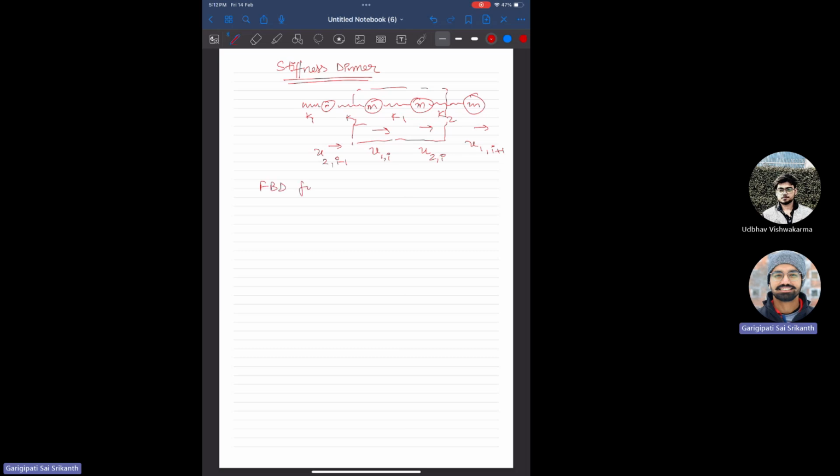Free body diagram for the first particle. Right, these are the forces.